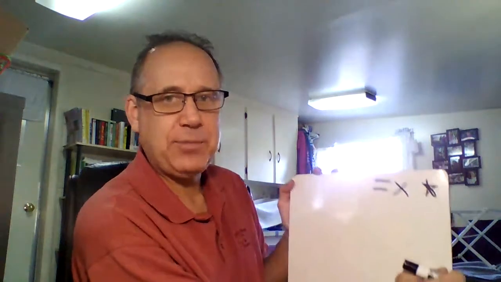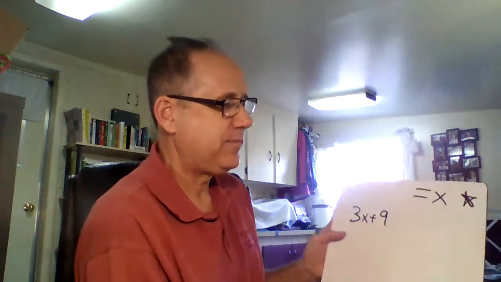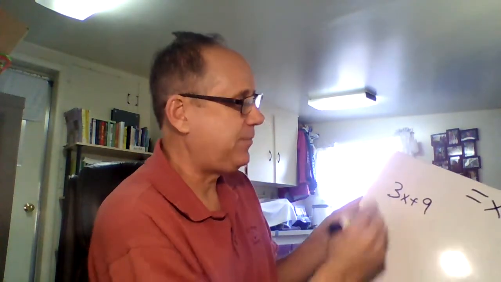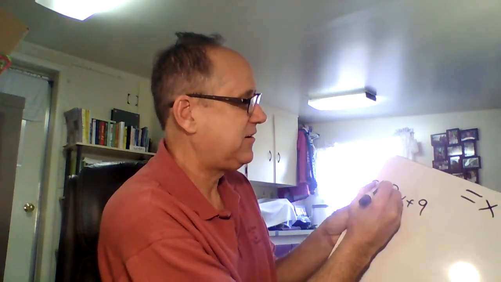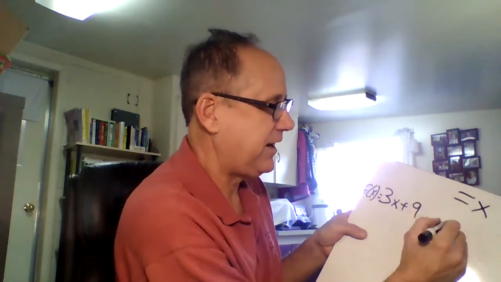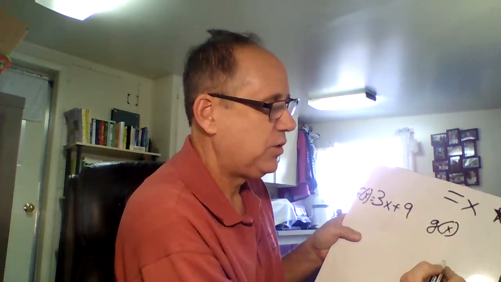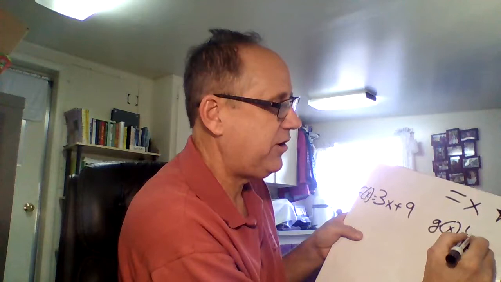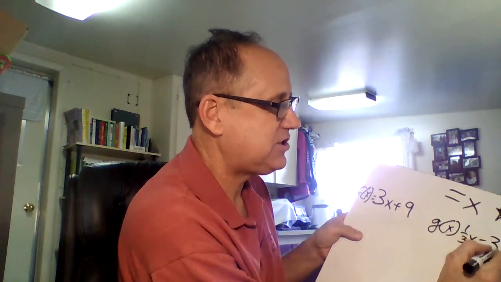We're going to do 2 examples here. Take a look at example 3. My f function is 3x plus 9, and my other one is my g function, which is 1/3 x minus 3.